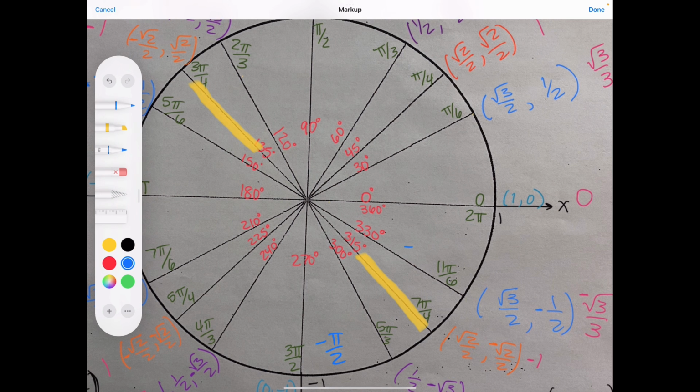So this would be negative pi over 6, negative pi over 4, negative pi over 3, and negative pi over 2. So these are the only values that it can take on. I thought it had to be between negative pi over 2 and pi over 2. Negative pi over 2 is down here. Oh, I'm slow. And then we go all the way up around to pi over 2.